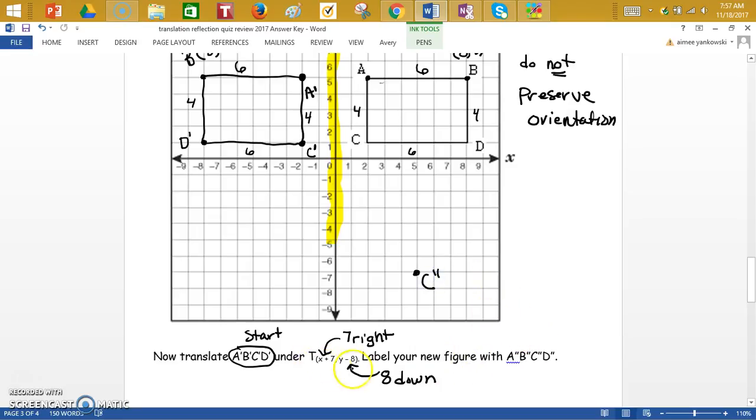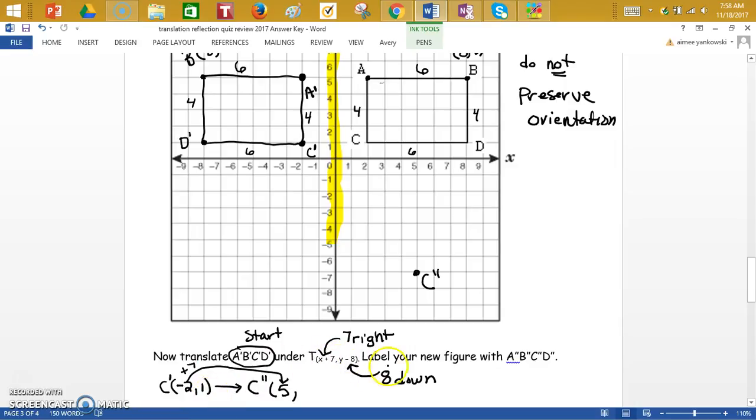I have to tell you, if you want to just follow the rule here, if we start with C prime of -2, 1, we could do what the translation rule tells us to do. 7 to the right means we take our x value and we add 7 to it. -2 + 7 is a +5.